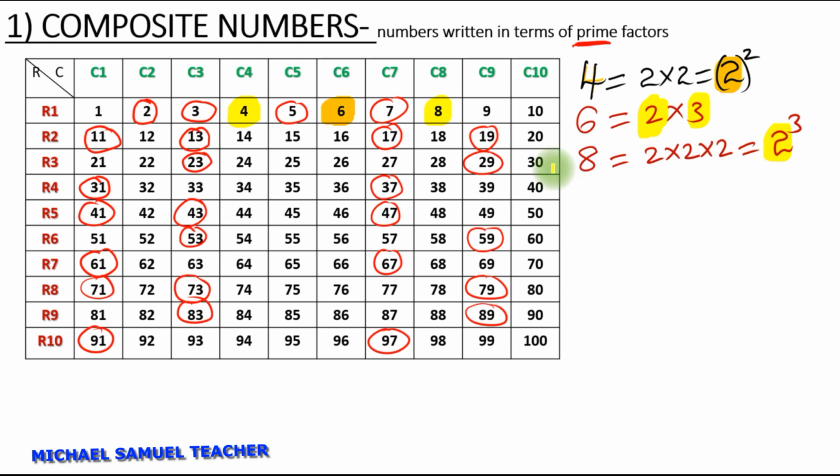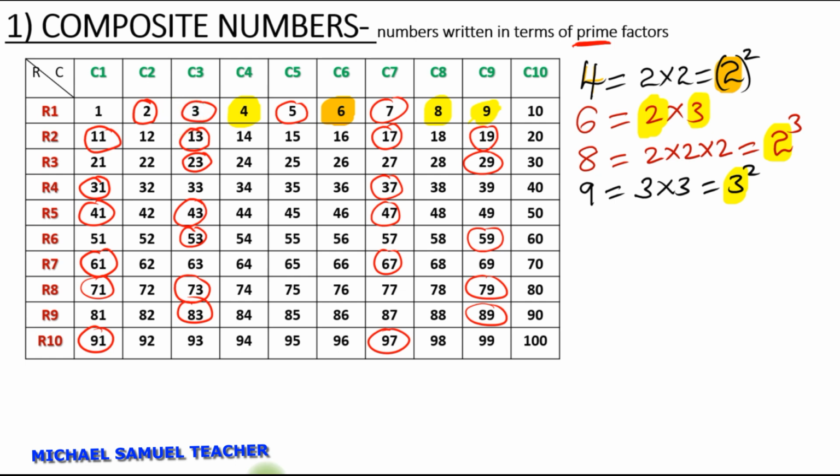So 8 is a composite number. We can also have another example, 9. 9 is also a composite number, since it can be written as 3 times 3, which is 3 squared. In our case here, 3 is a prime number.